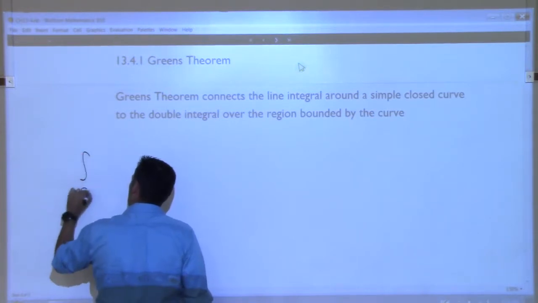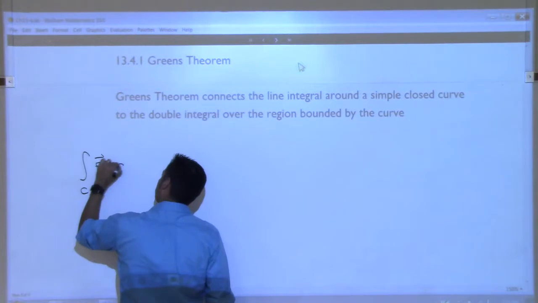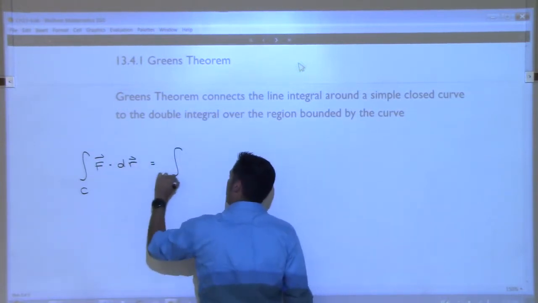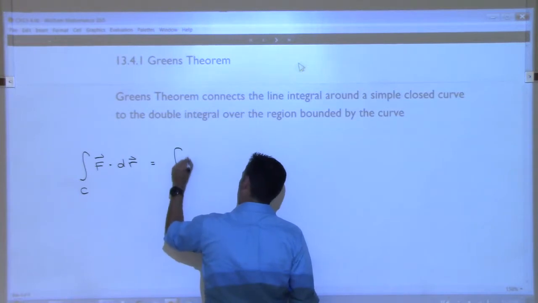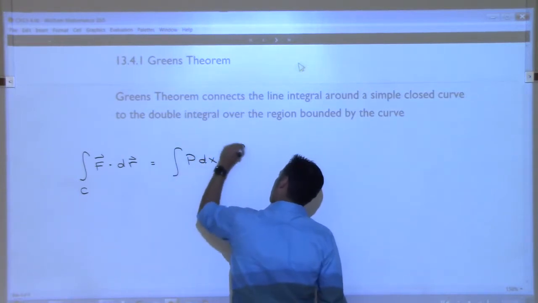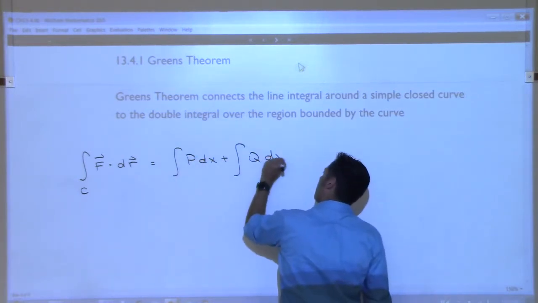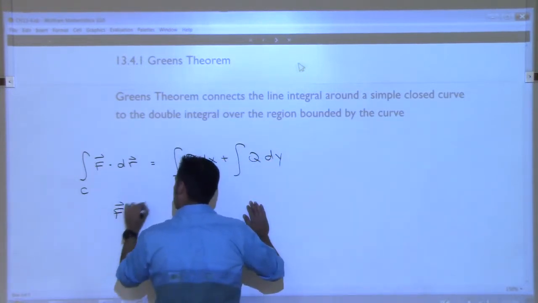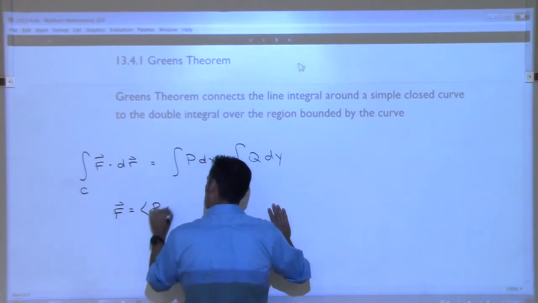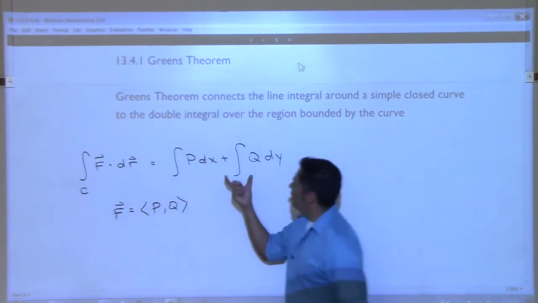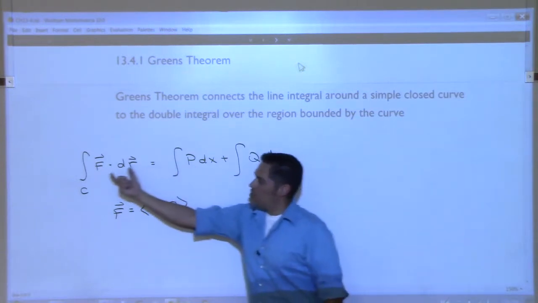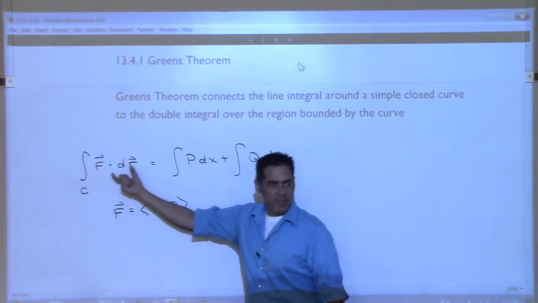that the work integral was equal to this integral, that those were equal if F is equal to some vector field PQ. This is just different notation for this, so these mean the same thing.